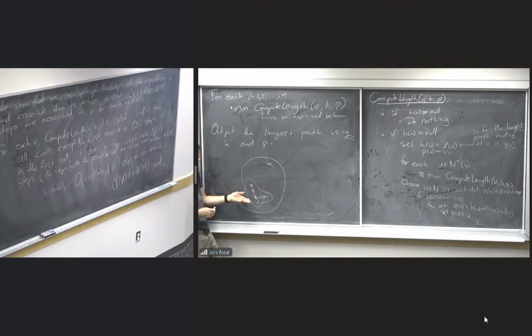But at no point am I making a decision that I'm going to go this way to get to T. I could go that way. You explore this way and this way, and only when you get to T at some point do you finally make the decision that this was the best way to get there. That's the idea of dynamic programming as well: you keep all of your options open until at the end you can determine that was the best way to go.